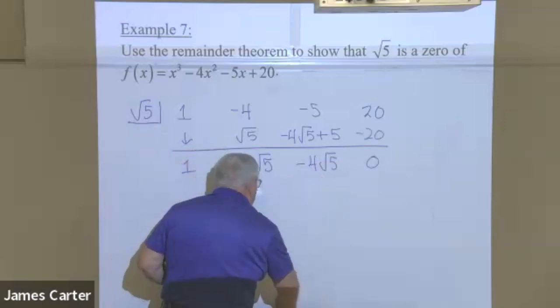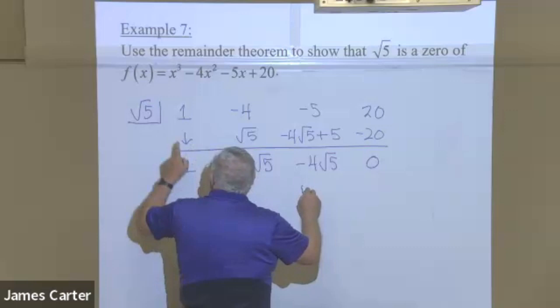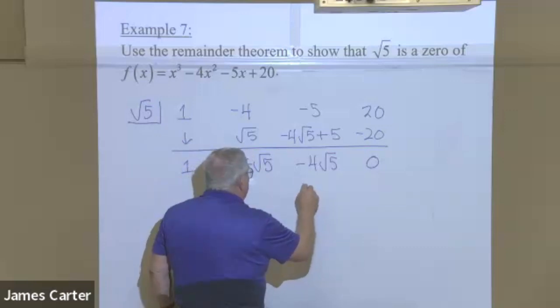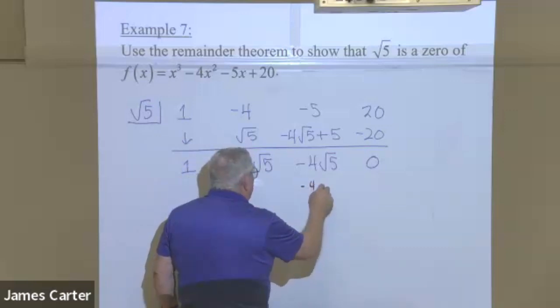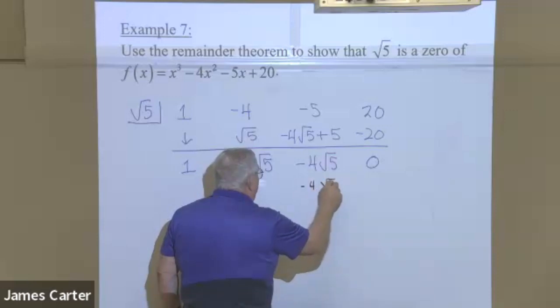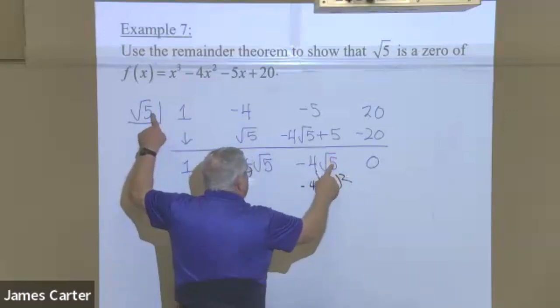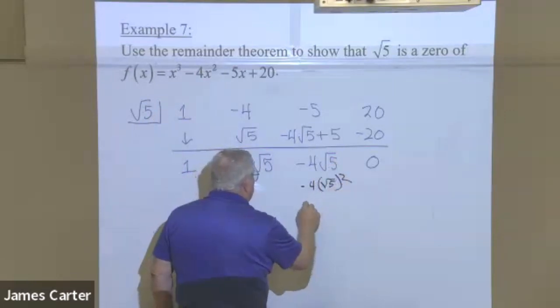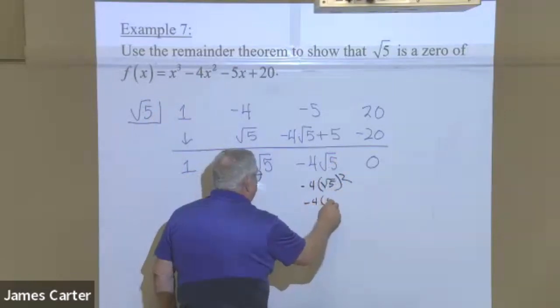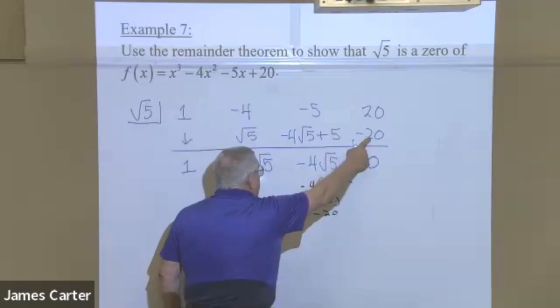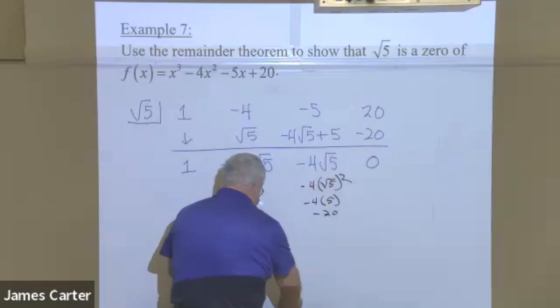So what I'm not showing here for this multiplication then is -4 times radical 5 squared, because this one times that one gives you -4 times 5, which is the -20. That's how they got this value here.